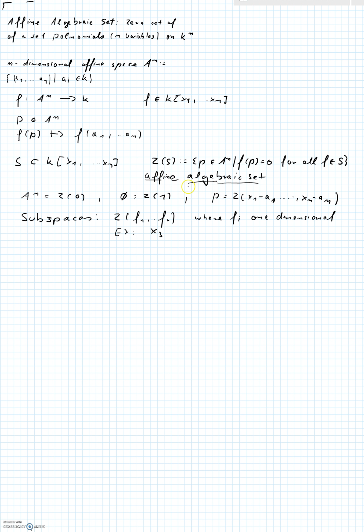Since this is our first important definition, have a look at some examples.